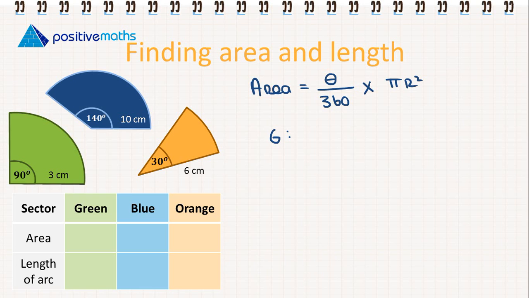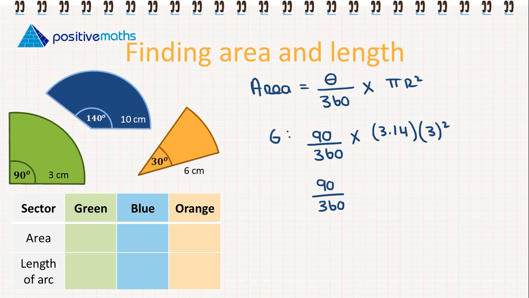For the first one, the green sector, we have 90 divided by 360, multiplied by pi r squared. For pi, we're going to use 3.14, multiplied by the radius squared. So that's 3 squared. We just take it one step at a time.